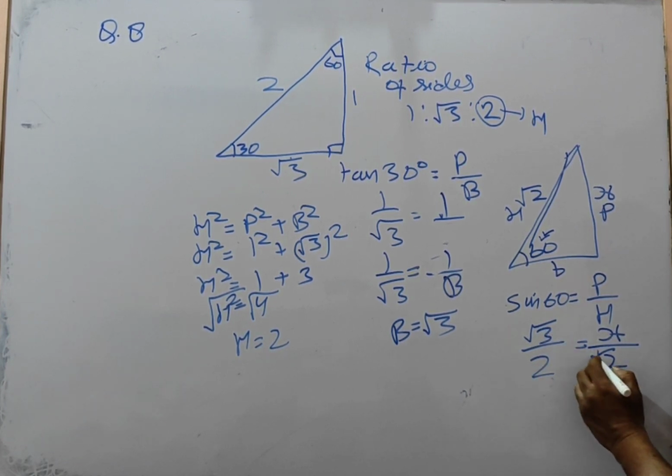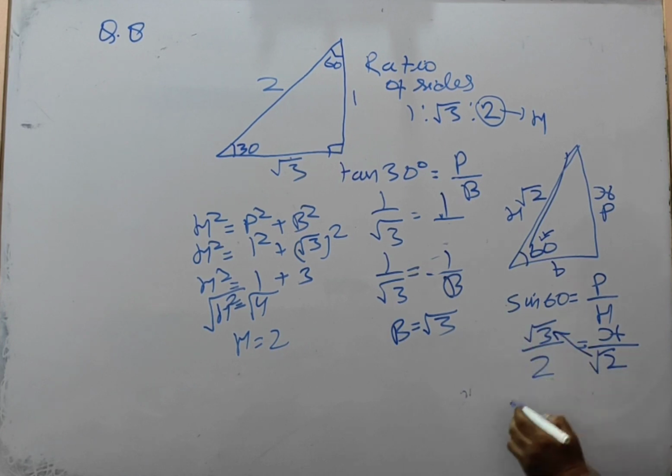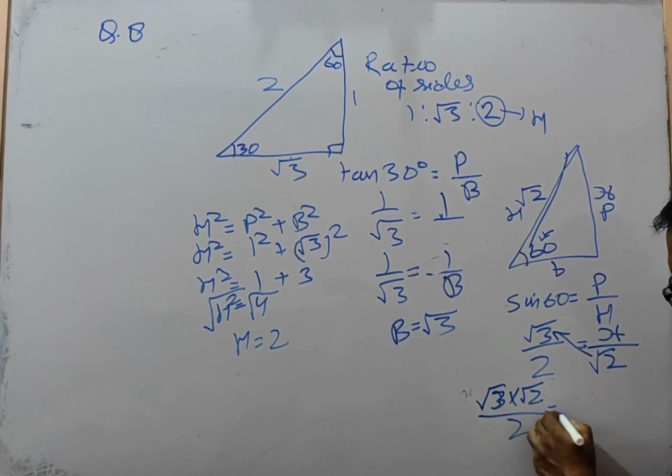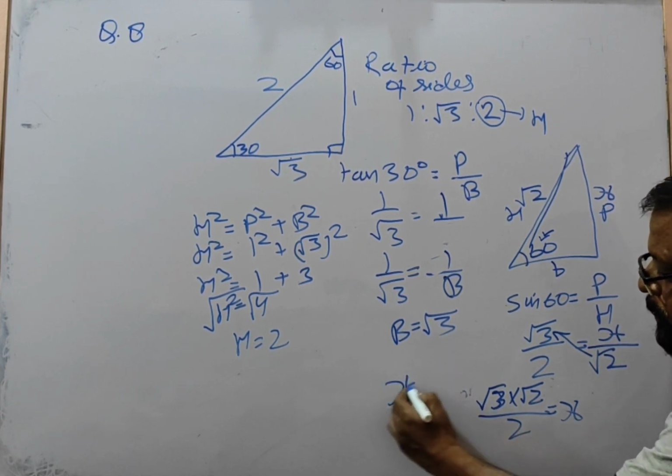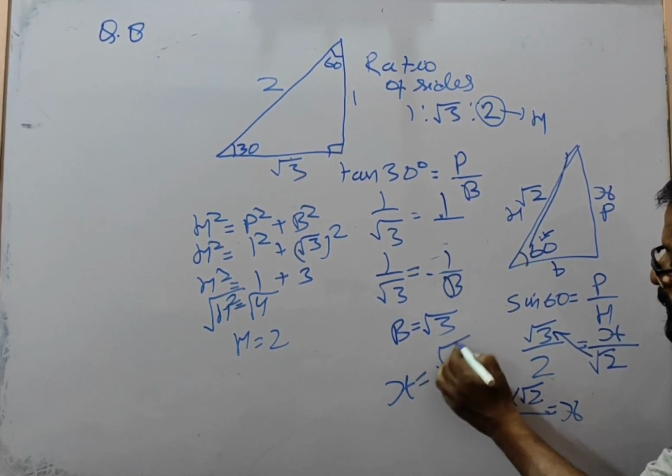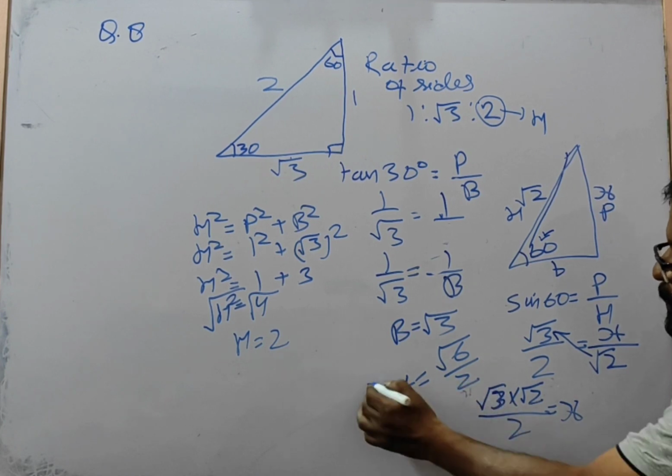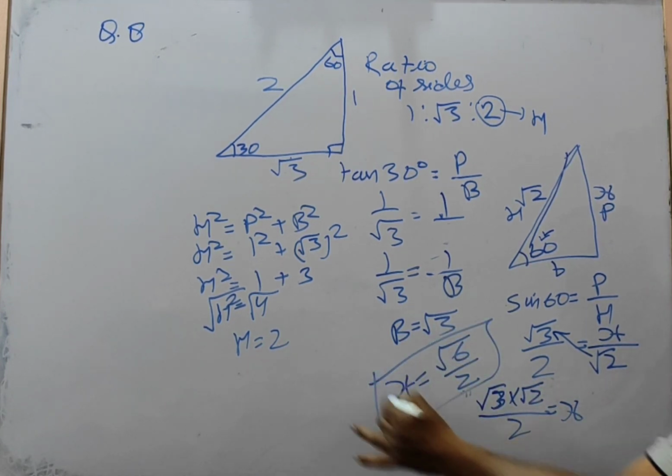This is cross multiplied. So root 3 into root 2 upon 2 is equal to x. So x is equal to root 6 by 2. You get it, right?